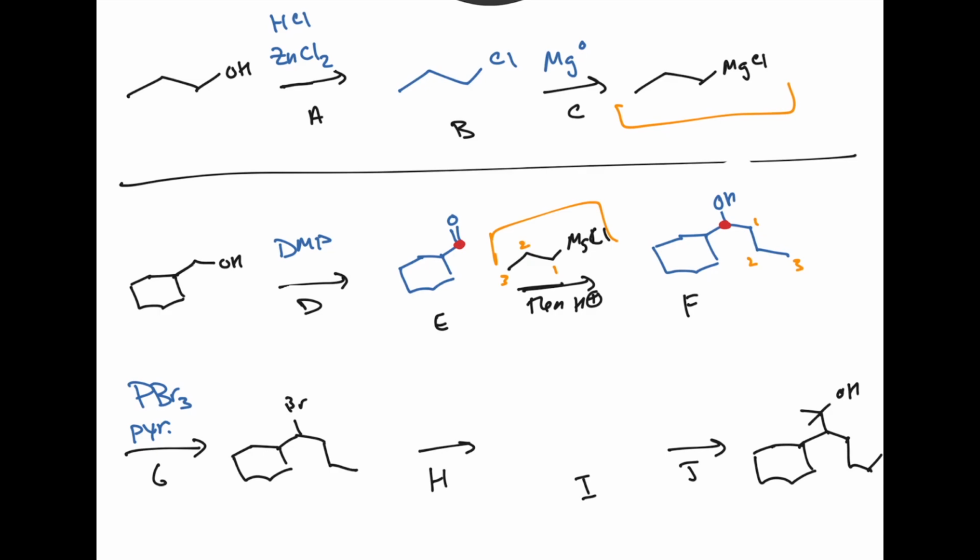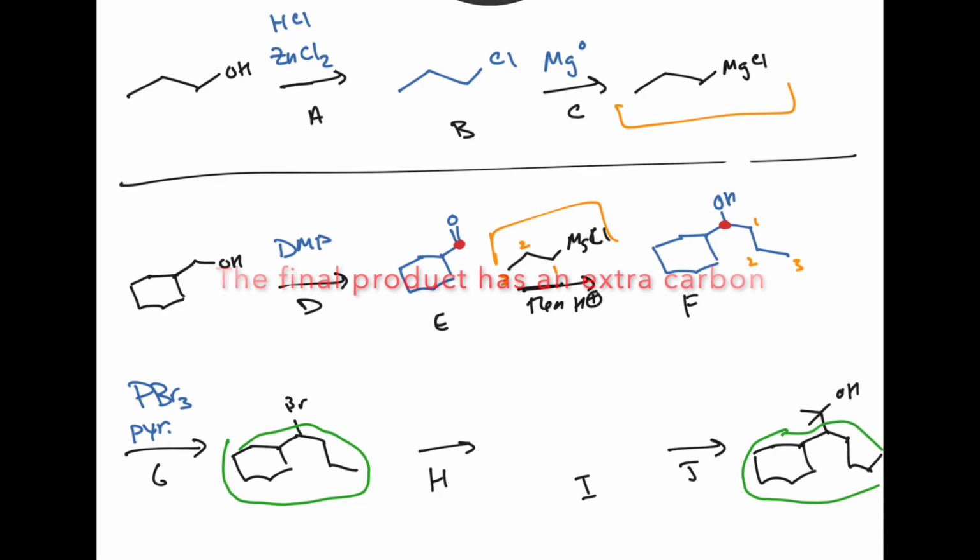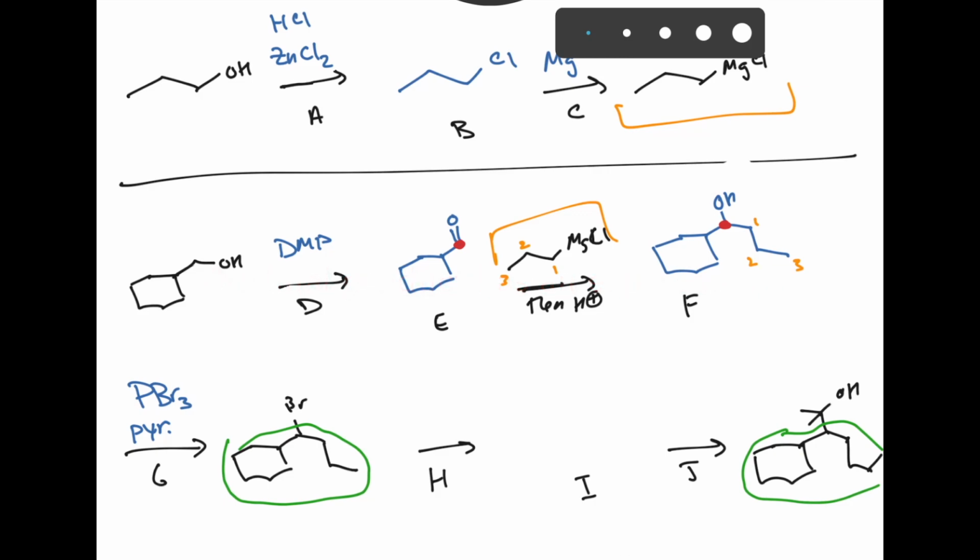So now I've got this alkyl bromide, and in the end I have a tertiary alcohol, right? And you can see here that part of the molecule is already there. We've already made that. So we just have to add this piece right here, make it orange.